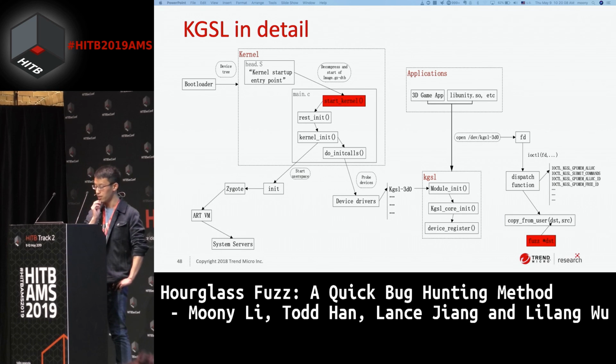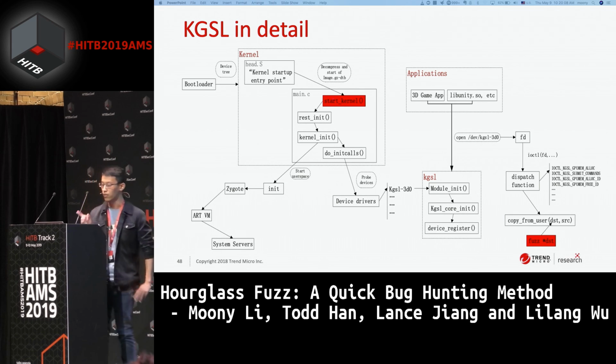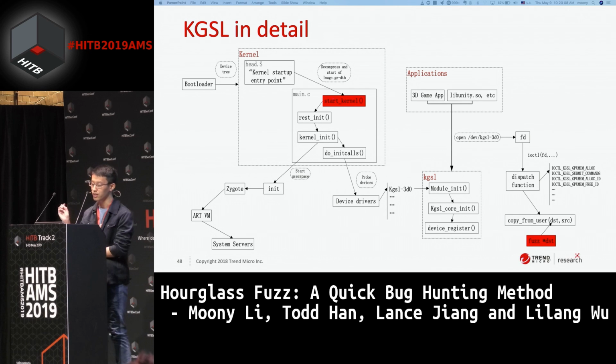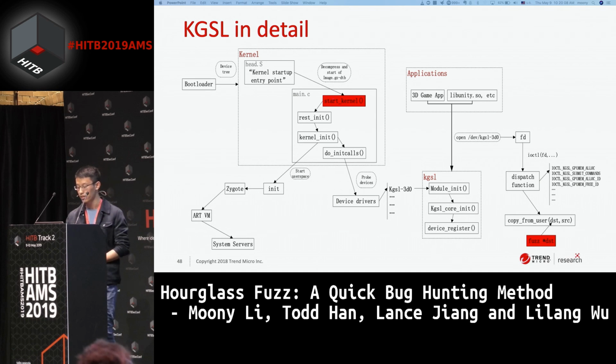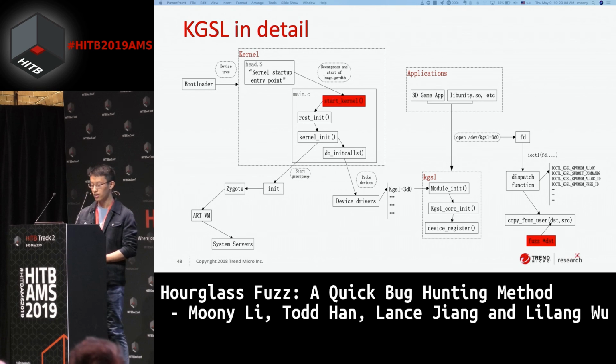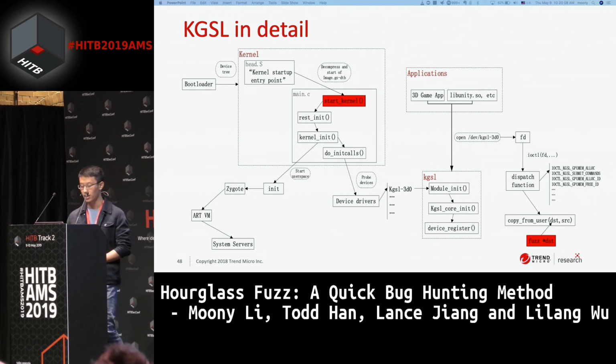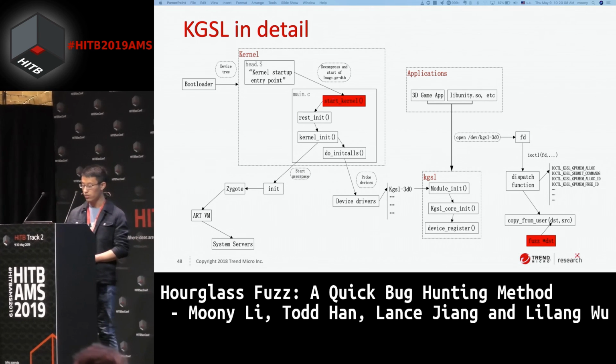As shown in the figure, it's the driver KGSL initializing process. Each driver in the kernel has an initializing function, which is responsible for registering and loading the driver. And the initialization function is called in the do_initcalls function, so that KGSL 3D0 and the application can use the driver.